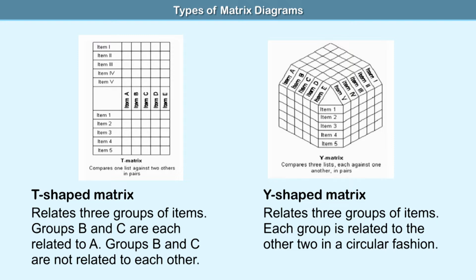Then we have Y-shaped matrix that relates three groups of items. Each group is related to the other two in a circular fashion.